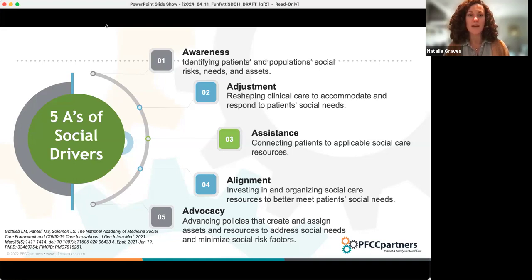challenging to meet. And so I want to offer this 5 A's framework, which comes from the National Academy of Medicine, as a way to shift our thinking of how we can take action to meet these needs as we start to learn more about them.